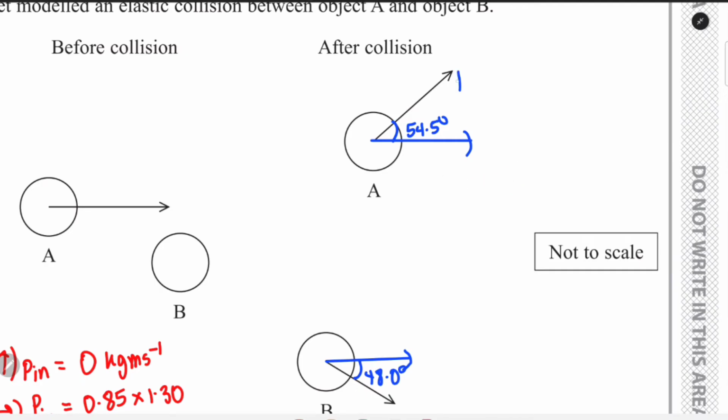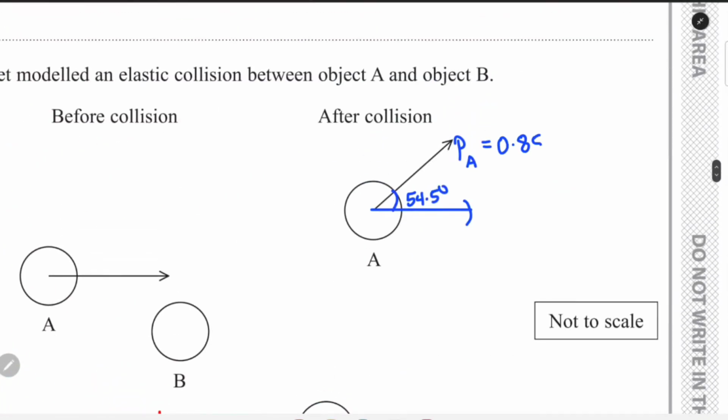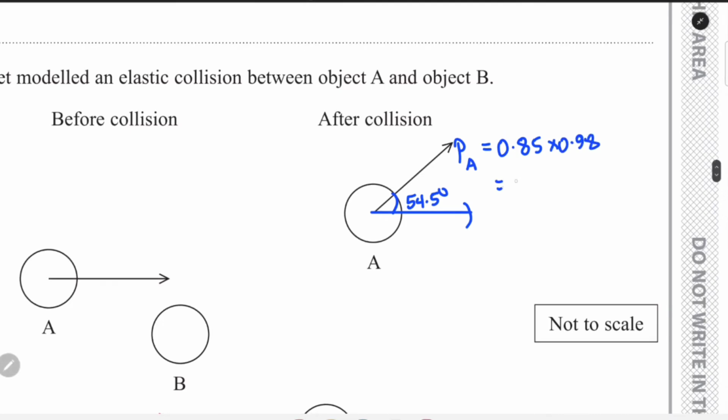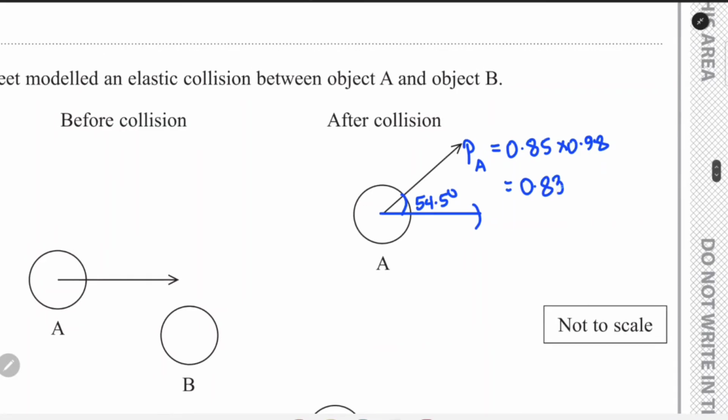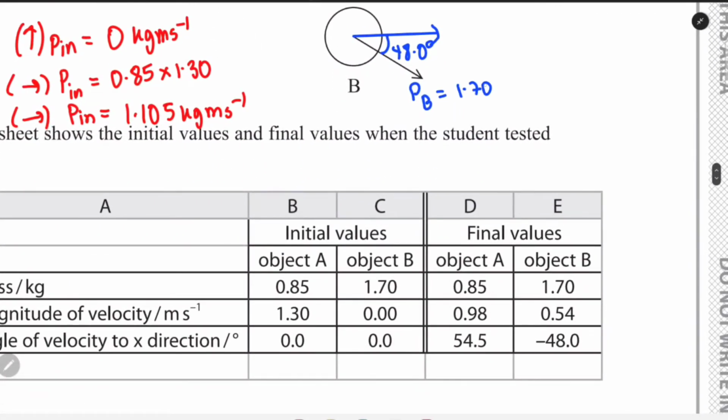So this is PA after collision. This is 0.85 times 0.98. We get a value of 0.833 kg meter per second. For B, the momentum after collision is 1.70 times 0.54, which is 0.918 kg meter per second.